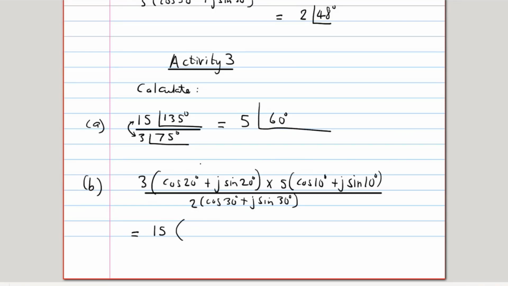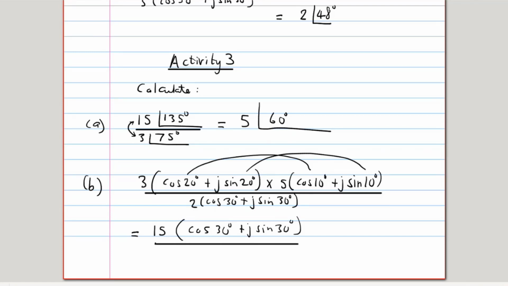I'm adding the top angles 10 and 20, so it's cos 30 degrees plus j sine 30 degrees. And then I have to divide it by 2 cos 30.